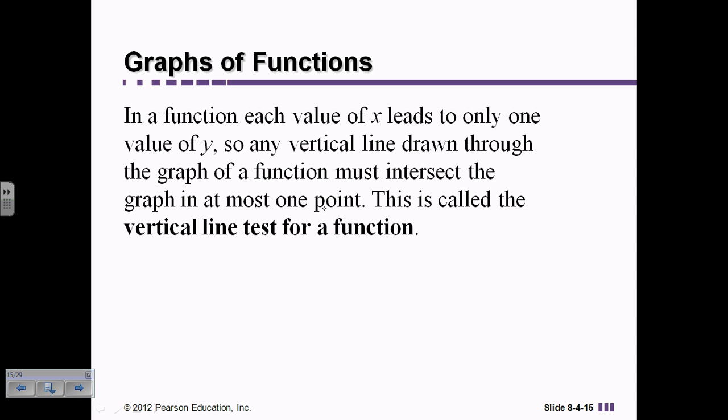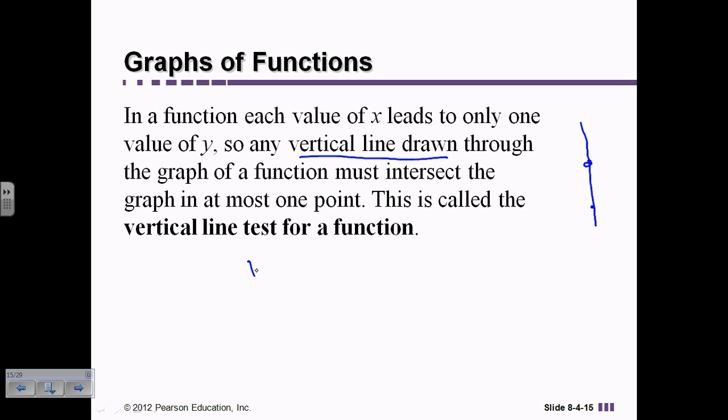And what they're telling you to do is to draw a vertical line. And when you draw a vertical line, remember we talked about how you can only have one x value. So if I draw a vertical line and I hit my graph in more than one point, then this is going to fail the vertical line test. And if it fails the vertical line test, then it is not a function.